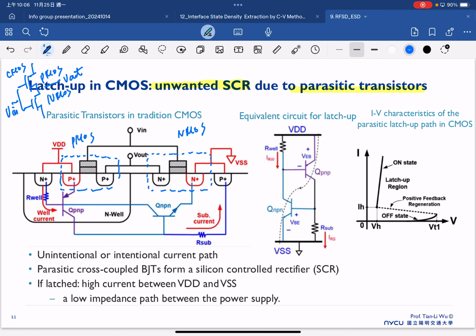So if you look carefully, you find there's a parasitic BJT happening here. On the other hand, we also have another parasitic BJT happening here. So inside the typical CMOS, we have parasitic cross-coupled BJTs that form a silicon controlled rectifier.